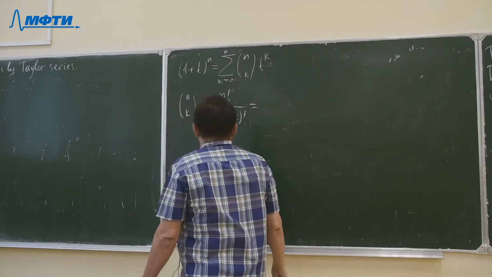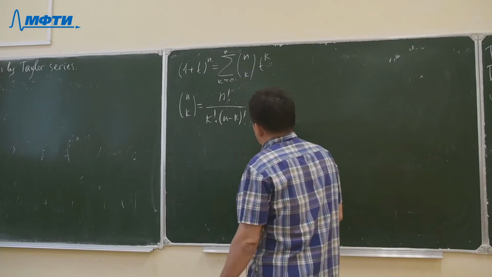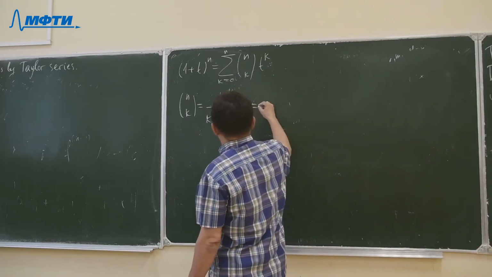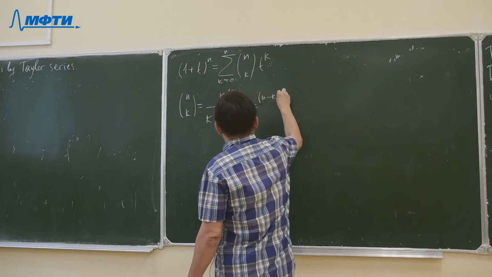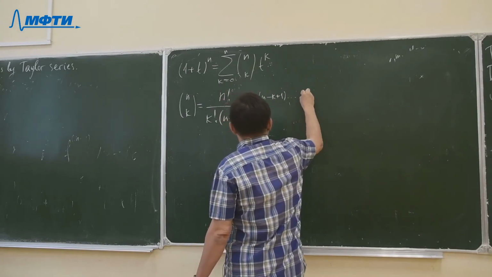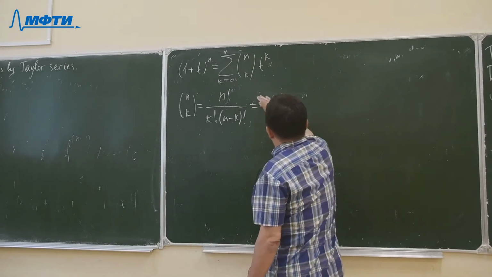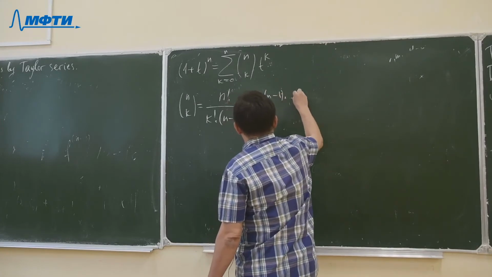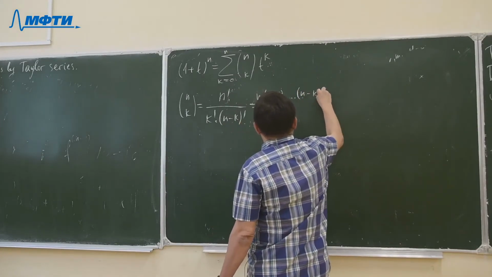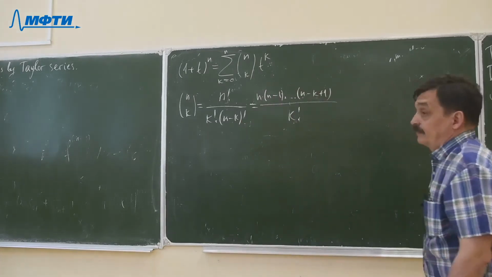And now I'll write it in the form which is more suitable for our purposes. That is n times n minus 1, and so on up to n minus k plus 1, over k factorial. What remains is like that.